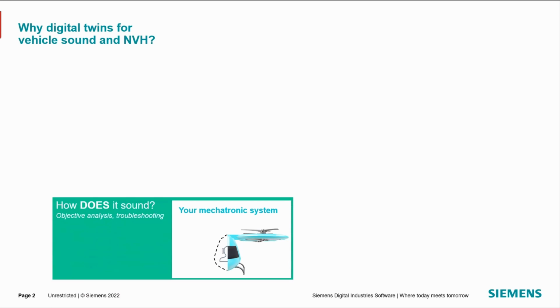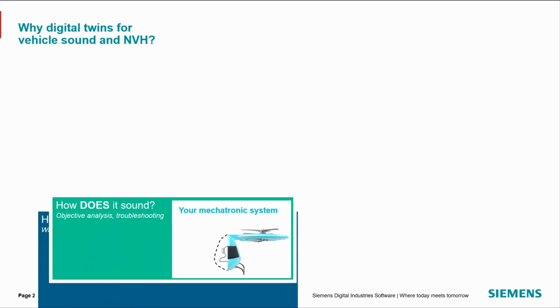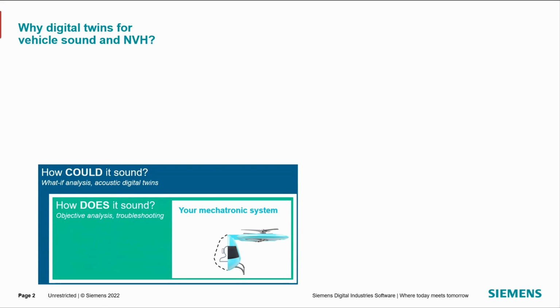Basically, to answer those three questions: first of all, how does our mechatronic system sound? So to enable objective analysis about the current status of the physical twin as well as a digital prototype of it. How could this sound in terms of what-if scenarios, and how do we make these modifications happen in the design space of our object?